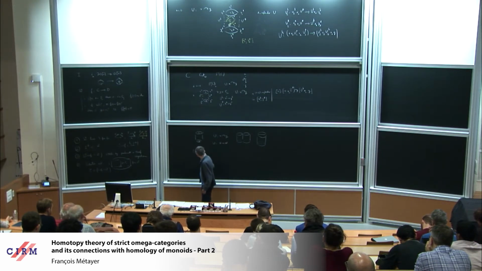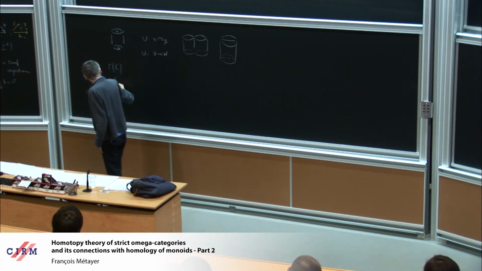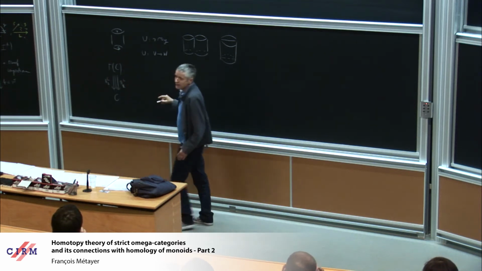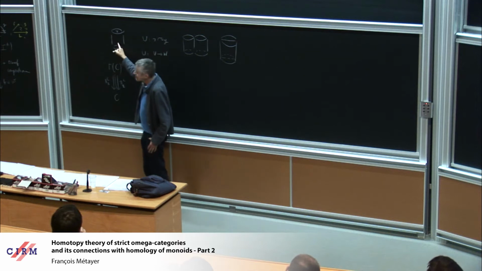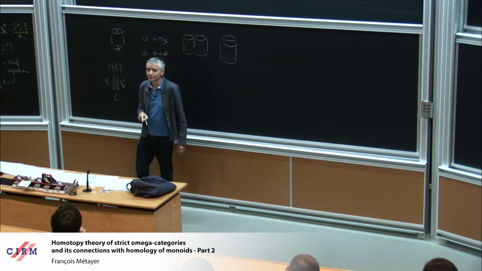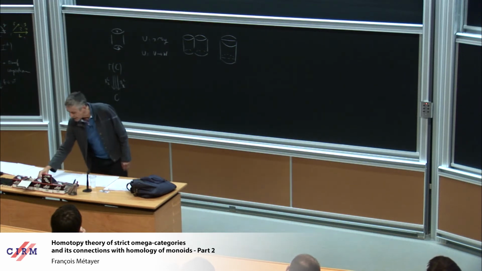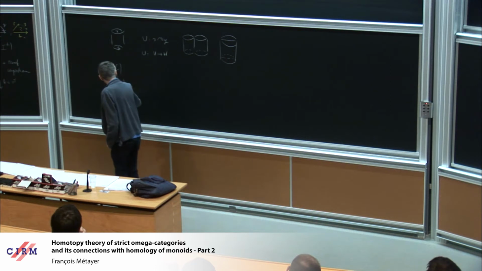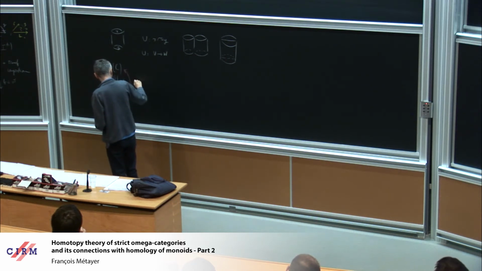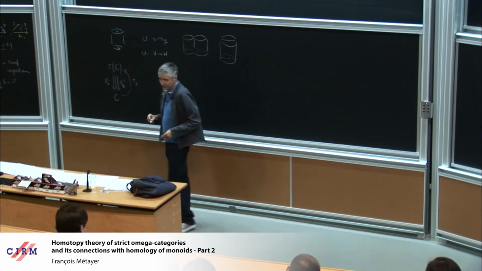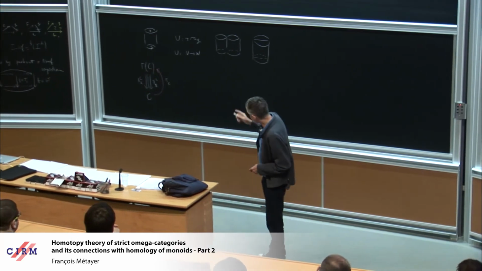So you get two projections, pi1, pi2 over C. Those are the maps that send a cylinder here on top, here on bottom. And those two maps have a section, a common section called tau C. So what does this section do?